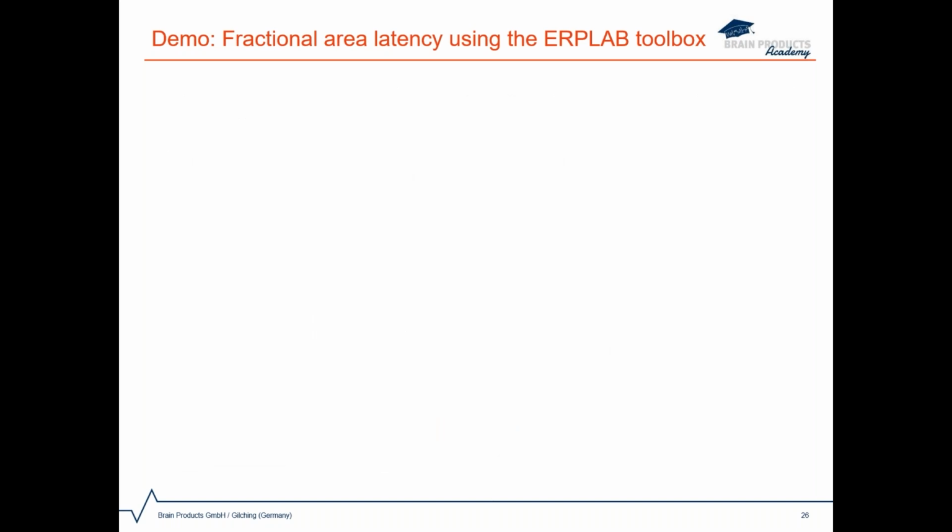Unlike the previous demonstration on fractional peak latency method, in this demonstration, I would like to show you how we can find the fractional area latency by using the ERP toolbox. It is an open source Matlab package which is integrated with EEG-Lab. Particularly, I will use the graphical user interface of the toolbox to perform the measurement.